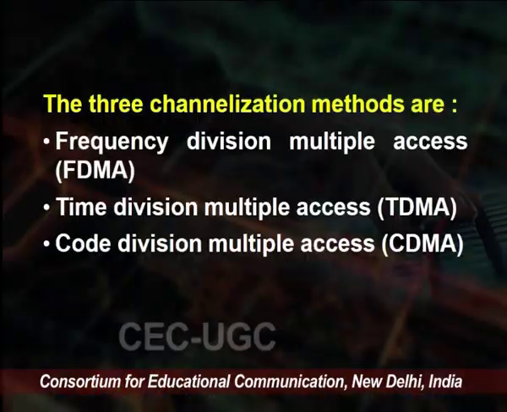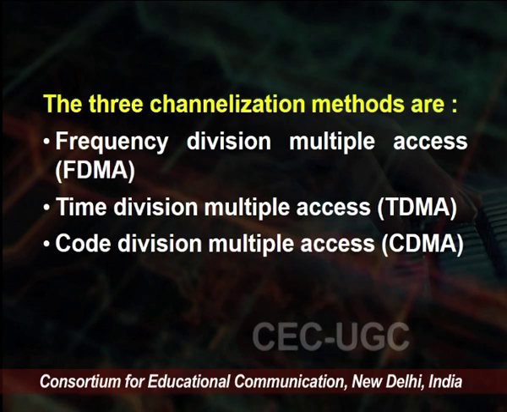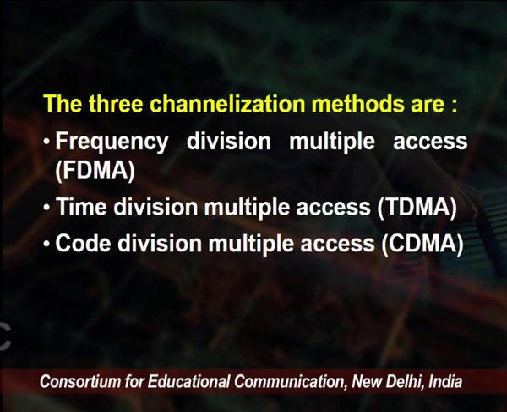The three channelization methods are FDMA, which is frequency division multiple access; time division multiple access, more commonly known as TDMA; and code division multiple access, which is CDMA. Frequency division multiplexing in a different form, and time division multiplexing, we have already covered in our previous lectures.